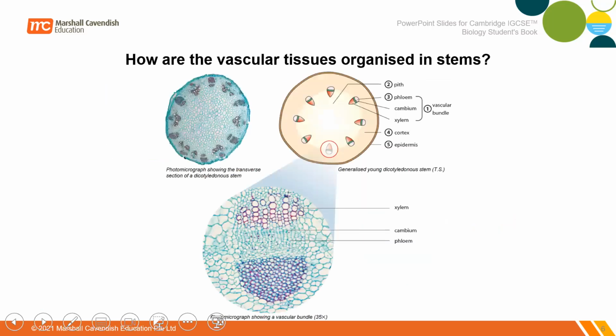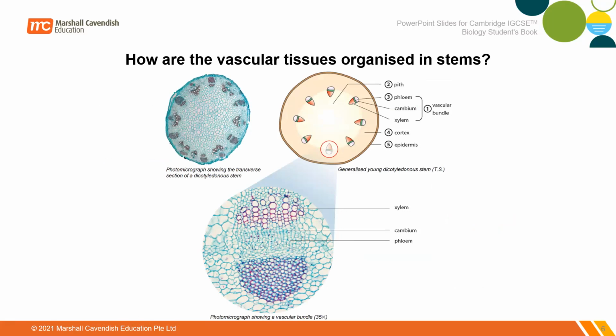How are the vascular tissues organized in the stem? This is an important point. Xylem and phloem are arranged similarly in the stem and root tissues in dicotyledon plants.